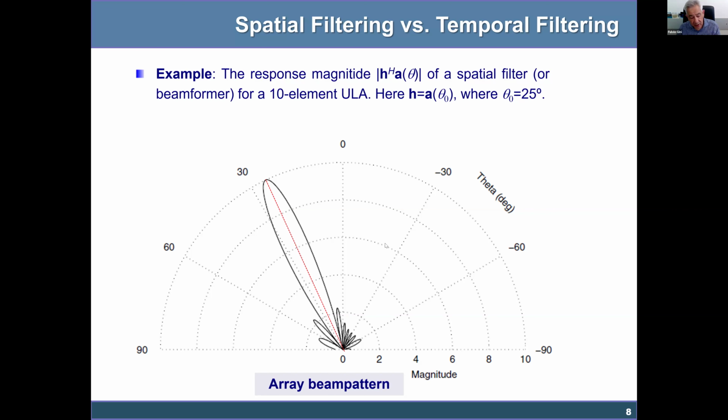So it's an additional degree of freedom that allows a better separation, not only in the frequency domain, but also in the angle domain, between signal of interest and disturbance. And the array beam pattern is the equivalent of the frequency response and tells you how a signal is attenuated based on its direction of arrival.